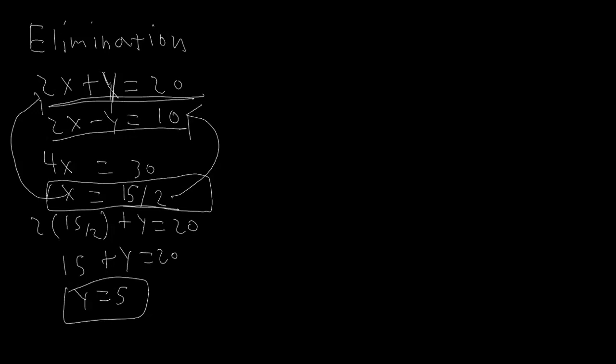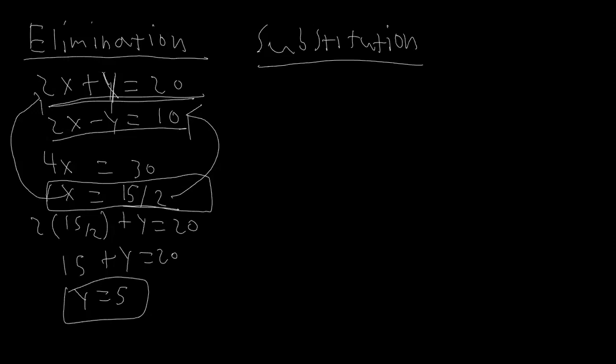Now, the substitution method. Substitution. This is the second method you have to know. And in this method, you'll be given a variable and what it's equal to, right? And sometimes you can have a constant over here, right?